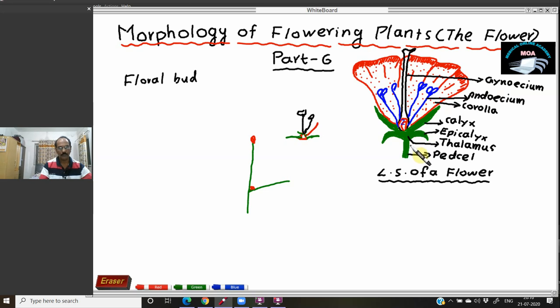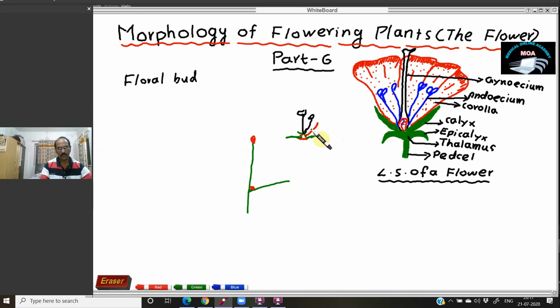Why is it a highly condensed shoot system? Because it is showing nodes and internodes. From each node it is producing a leaf, but this leaf is modified to perform a particular function, and that modified leaf is known as the calyx, corolla, androecium, and gynoecium. So all these parts, the gynoecium, androecium, corolla and calyx, are nothing but modified leaves arising from the node.